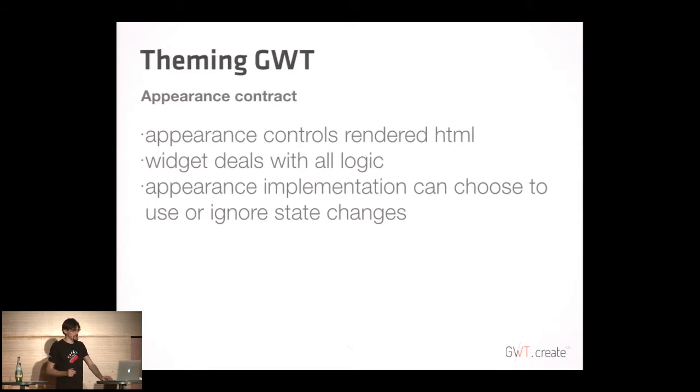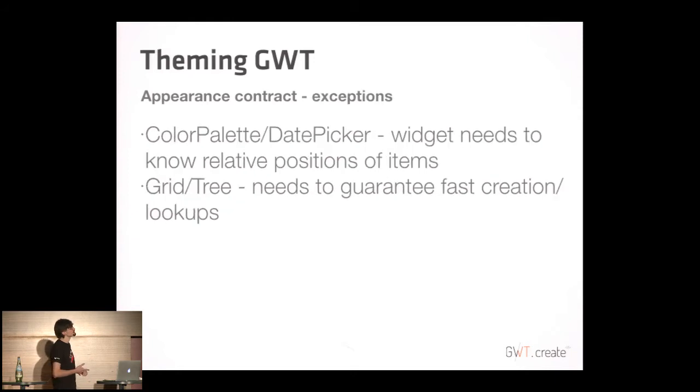So what kind of exceptions do we have to this? Where do things break down a little bit? So in both the ColorPalette and the DatePicker, we need to have the widget know a little more about exactly how things are rendered. So in the color picker, for example, you might have the user selecting one color, and then they use the keyboard to try to move to a different one.